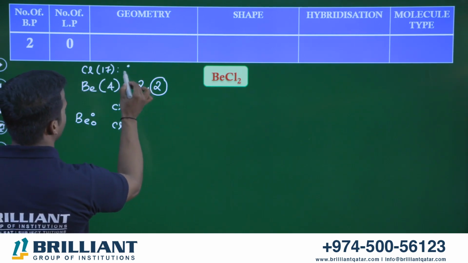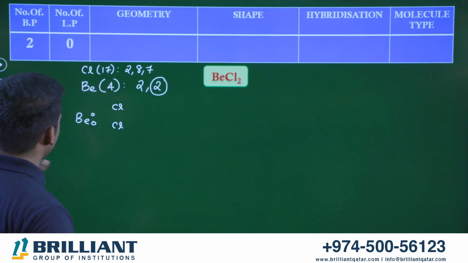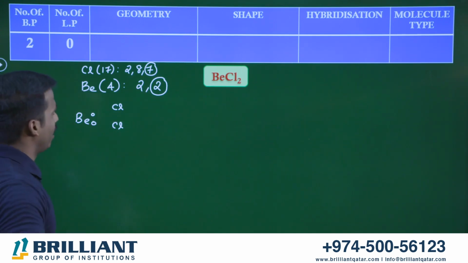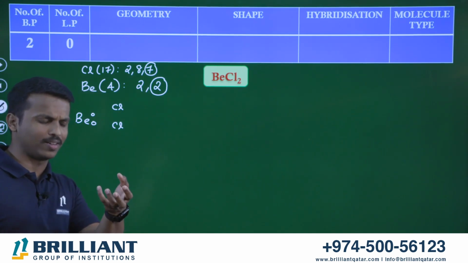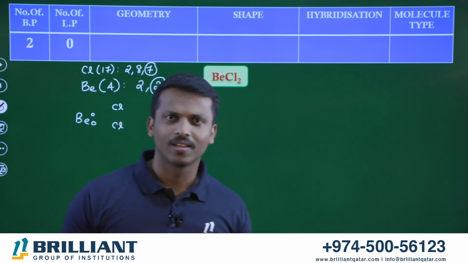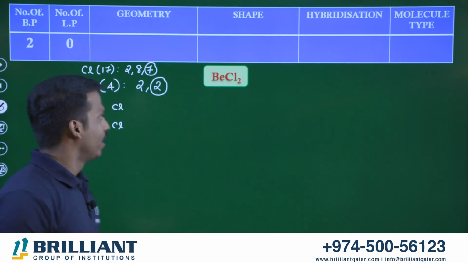So what is the configuration? 2, 8, 7. So what is the valence electron on chlorine? 7. One more thing: please recall the halogens. What are the halogens? We have fluorine, chlorine, bromine, iodine. What are they?